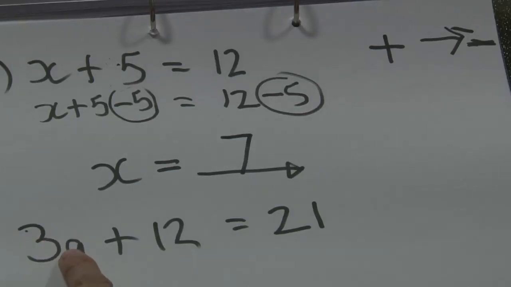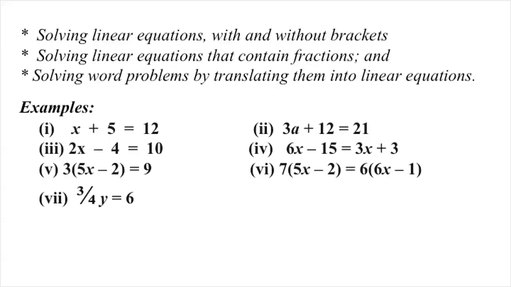So 3a means 3 times a. The opposite calculation of multiplication is division. So you are going to use division to solve that, to get a on its own.